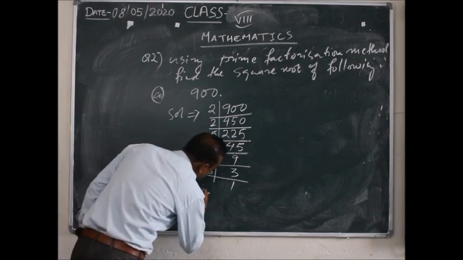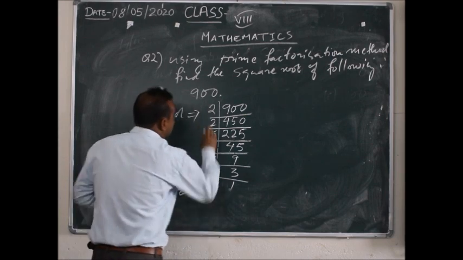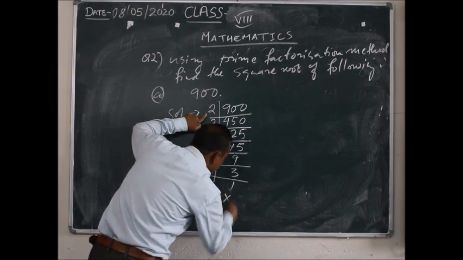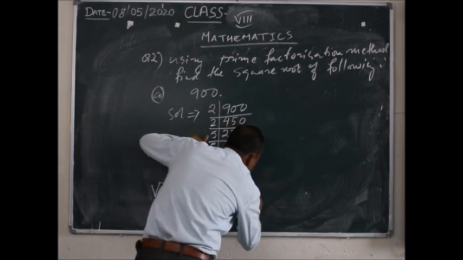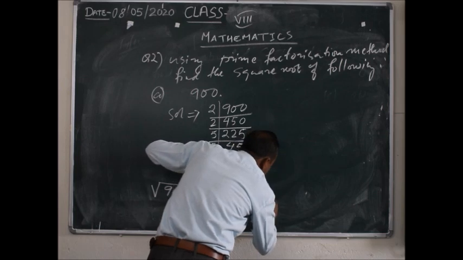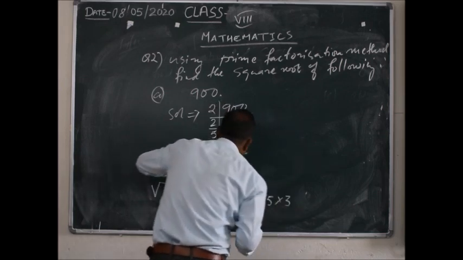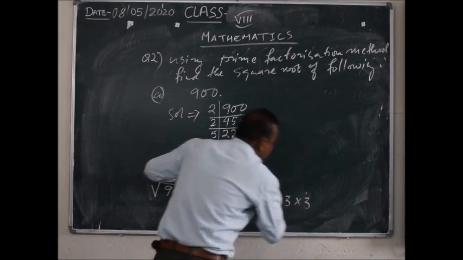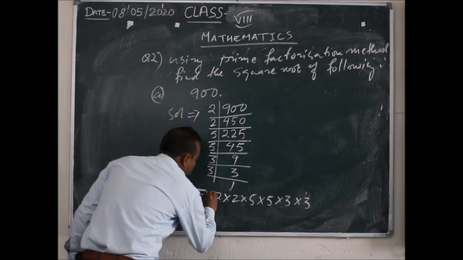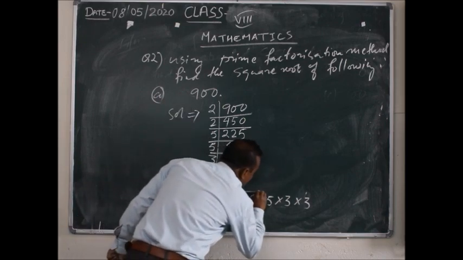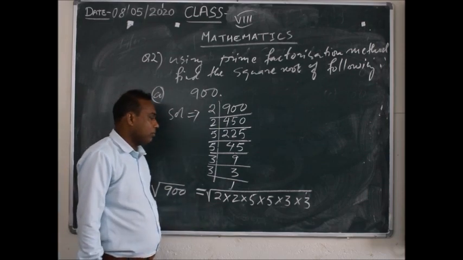Then this is equal to this 2 multiplied with this 2, then this 5 into 5, then this 3 into 3. So we are multiplying all this here. Now you have to write the symbol here like this. This is the symbol of square root.